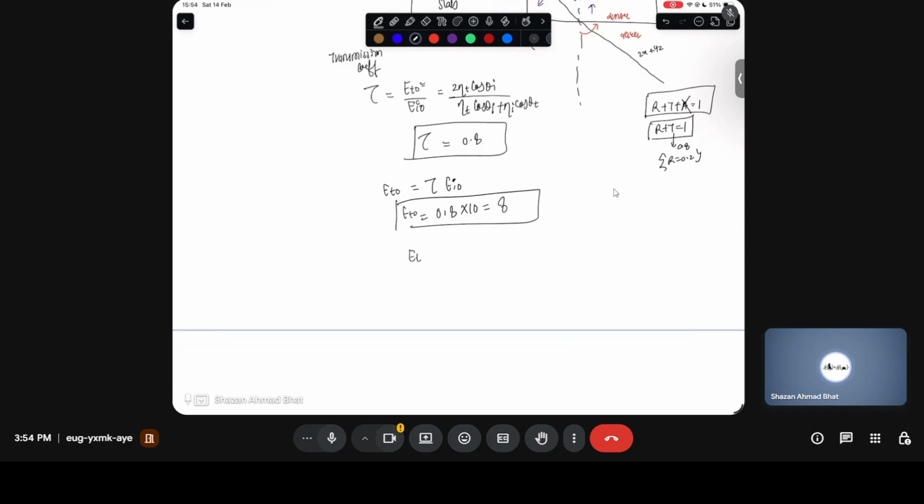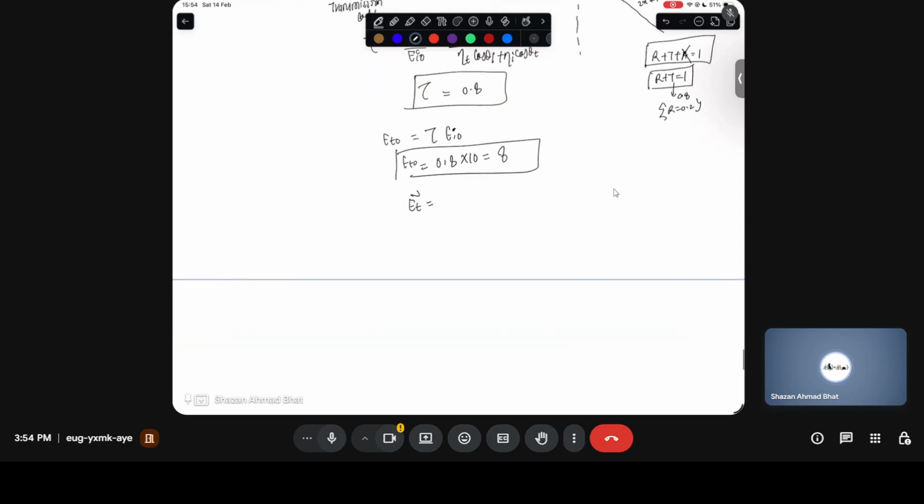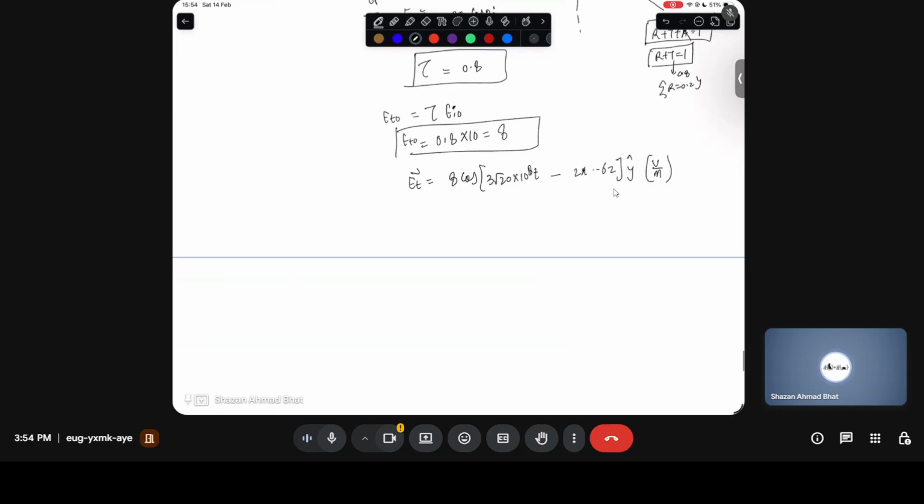So you can write the transmitted electromagnetic wave's electric field component as 8 cos of 3 square root of 20 into 10 to the power 8 t, which is omega t, minus 2x minus 6z, into the y cap, which will be basically the direction of the polarization of this. An essential thing here is this particular thing, which will be the k. This is a negative sign, so it will make it twice x plus 6z.